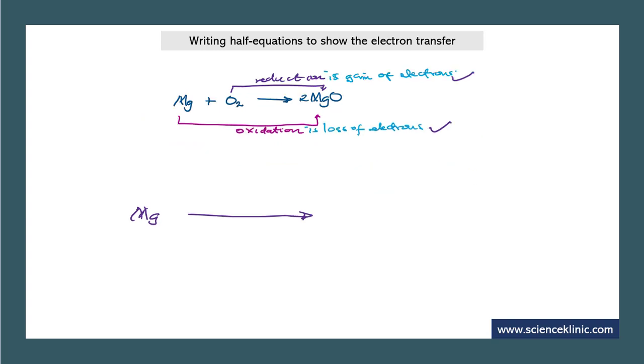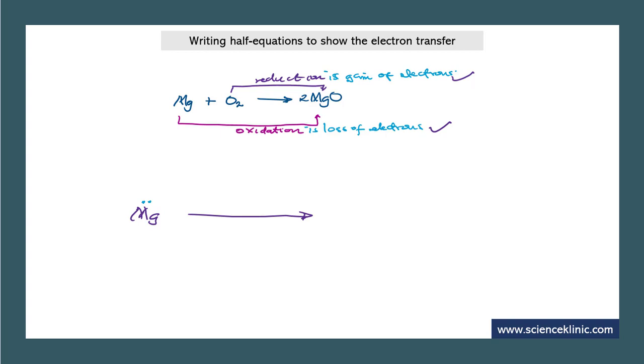So let's look at the magnesium half of the equation. This is a magnesium atom. Remember, it has two valence electrons, that is two outermost shell electrons. So I use this dot to represent them. Magnesium will have to lose these two electrons in order to undergo oxidation.